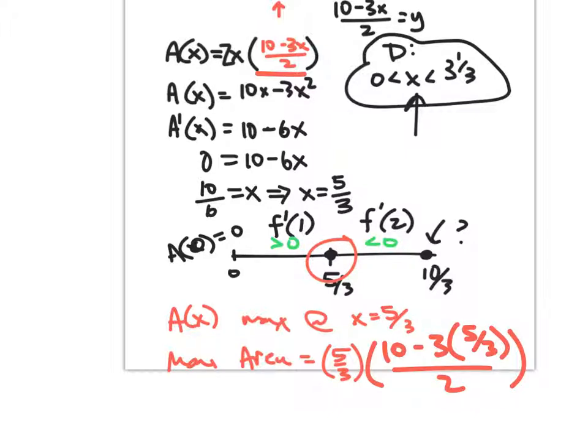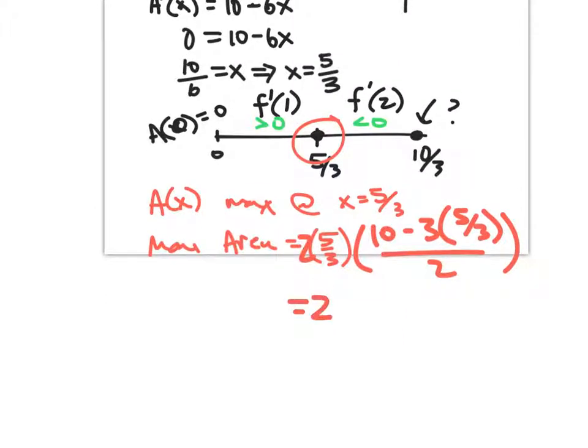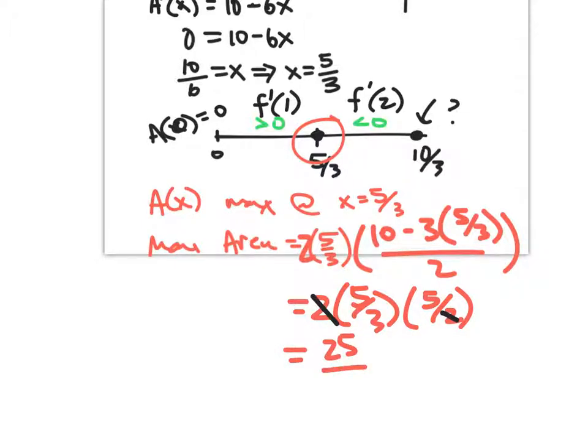I almost forgot the 2 out in front. We get 2 times 5/3 times, this comes out to be 5/2. These 2's will cancel, and it looks like we get a max area of 25/3 meters squared. That's our max area.